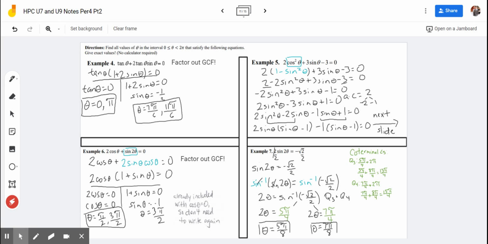So what we have from here essentially is 2 separate sets of solutions. If we continue using this, we're going to say that 2 theta can also equal 13 pi over 4, and 2 theta can also equal 15 pi over 4.